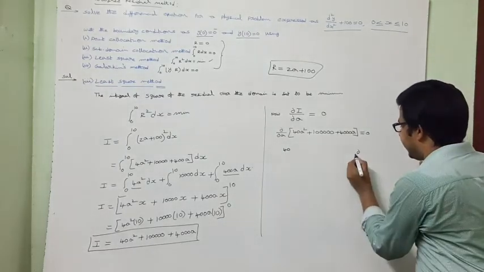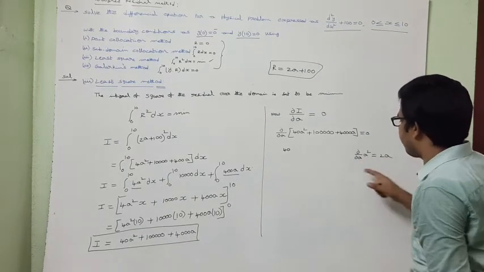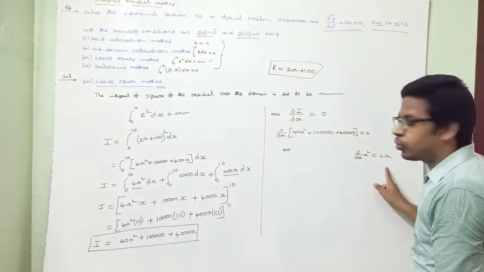What is d by dA of a square? It is equal to 2a.